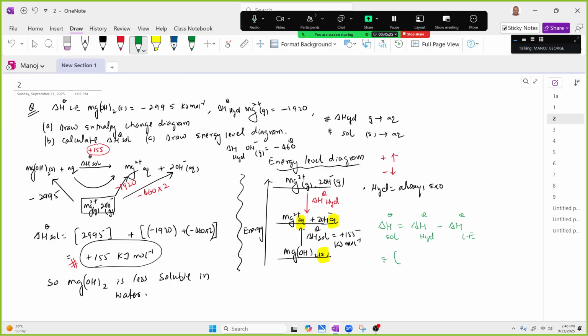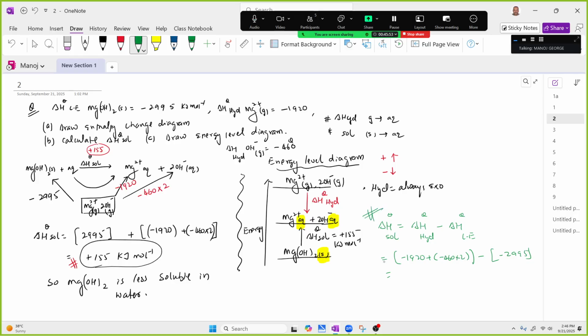Hydration in this case is negative 1920 plus hydration was negative 460 times 2, minus the lattice energy, which is negative 2995. Could you just check, are we getting the same answer, yes or no, using this direct approach?